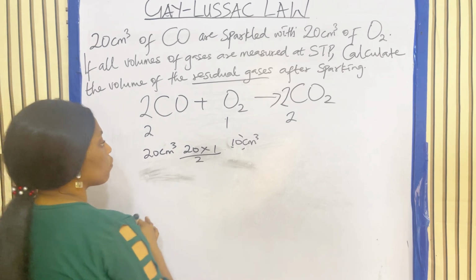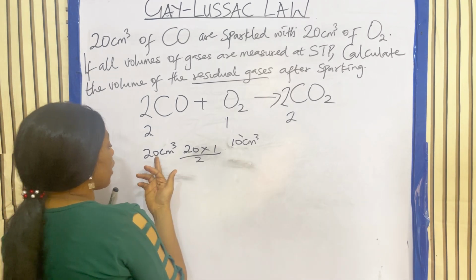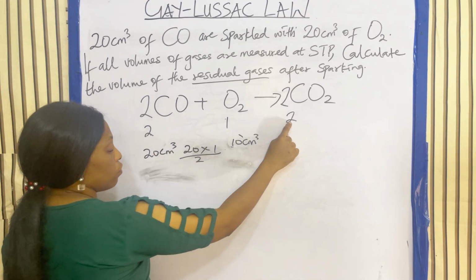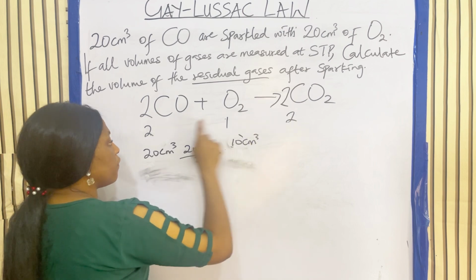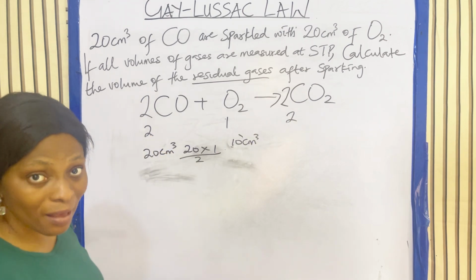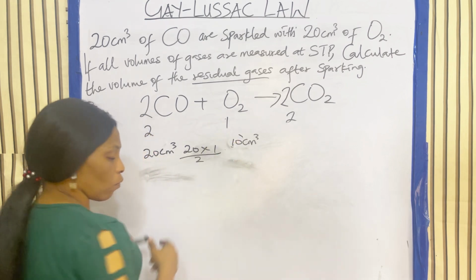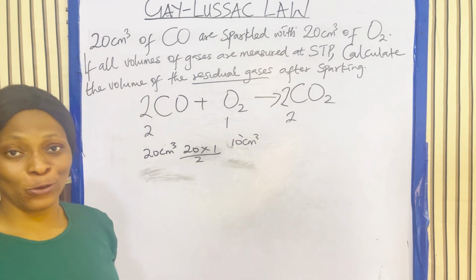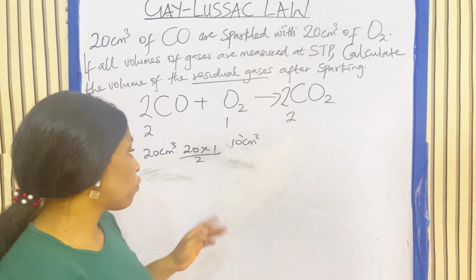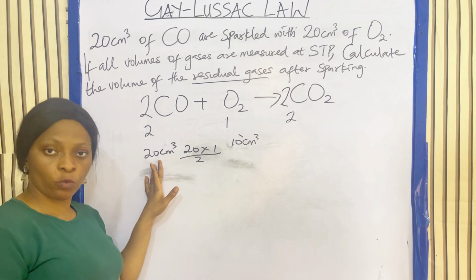So the products, let's look at it. You can say 2:2, 20 times 2 divided by 2. You will still get the same answer if you do 10 times this divided by 1. So whichever one you want to use, you use. It's very simple. So for me, I would like to use 20.